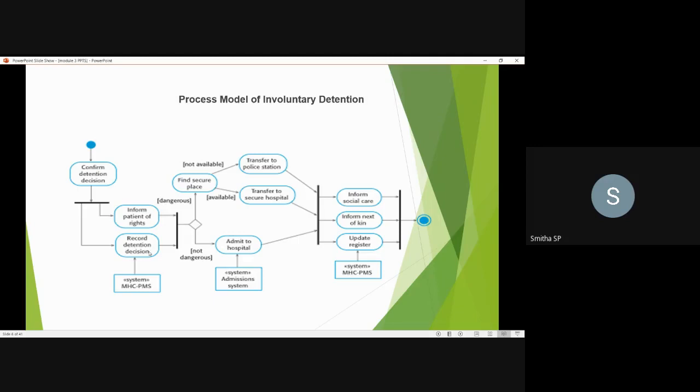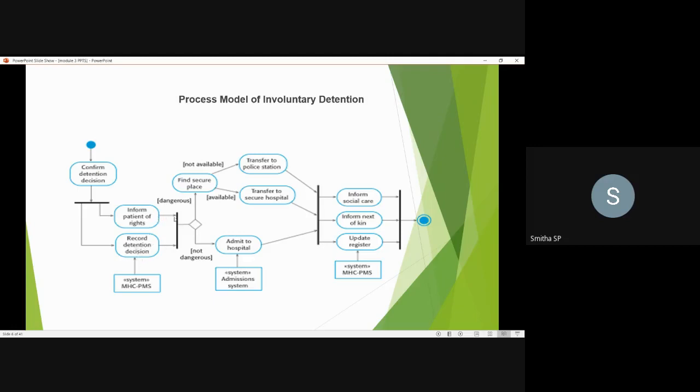Suppose the activity inform patient of rights is completed and record detention decision is not yet completed. Then, even though this activity is completed, it can't go to the further activity because it is working in parallel with the record detention decision activity.